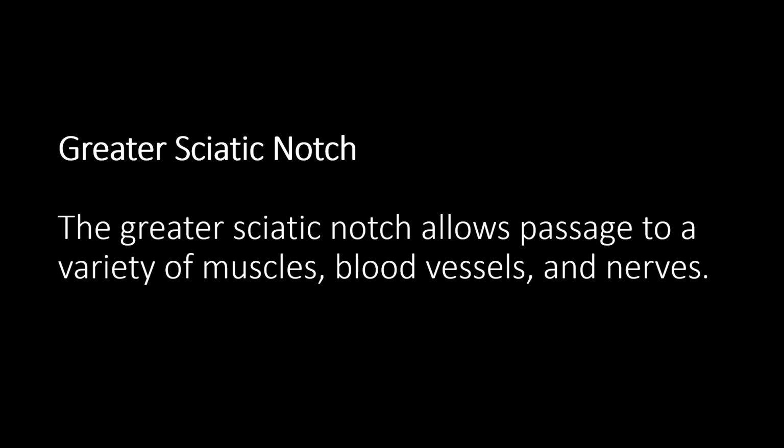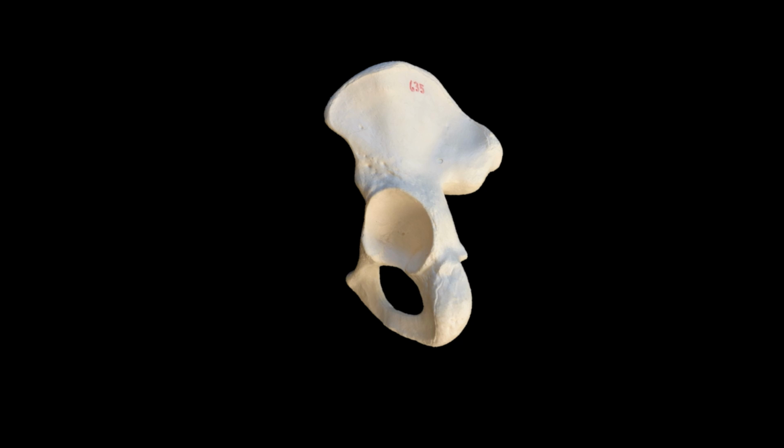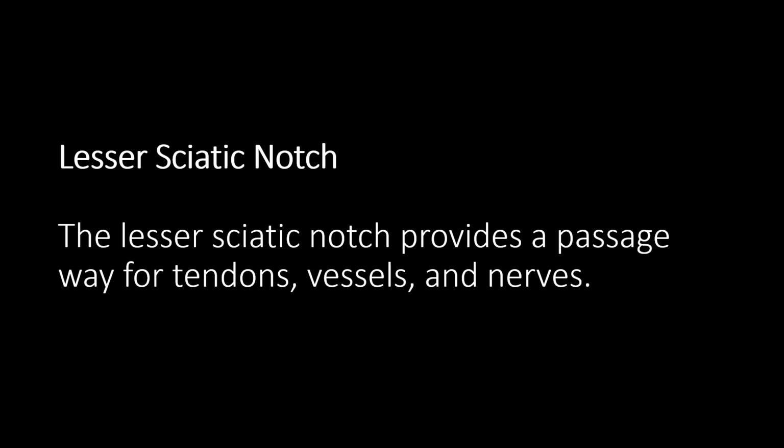The greater sciatic notch allows passage to a variety of muscles, blood vessels, and nerves. Name this anatomical area. Lesser sciatic notch. The lesser sciatic notch provides a passageway for tendons, vessels, and nerves.